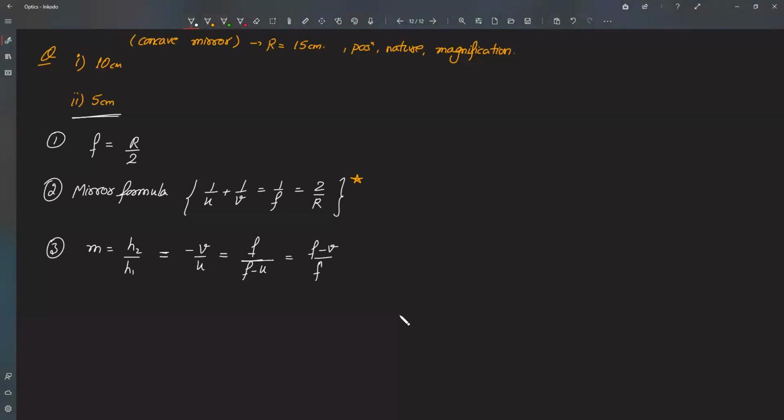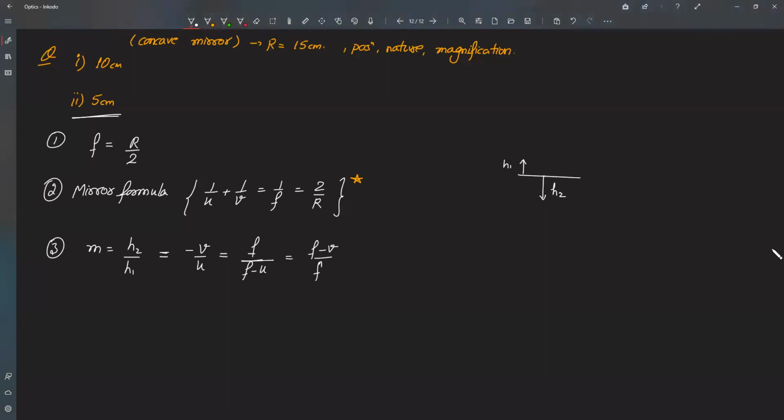Magnification is negative if it is a real image, because real images are always inverted. Because real images are inverted, H2 will always be negative, and H1 positive, since you can see the directions are different.